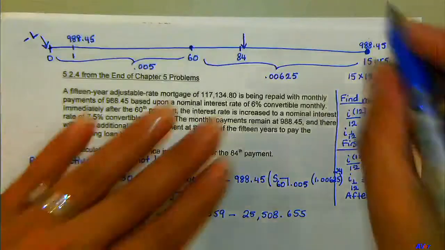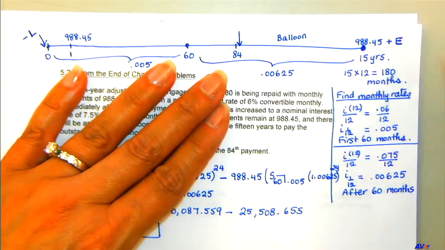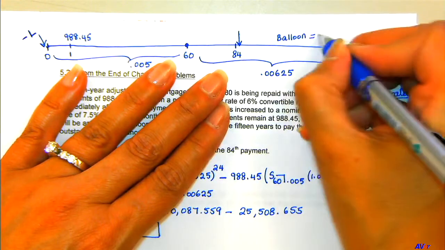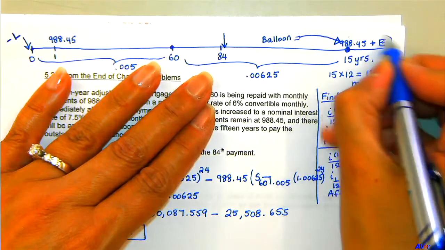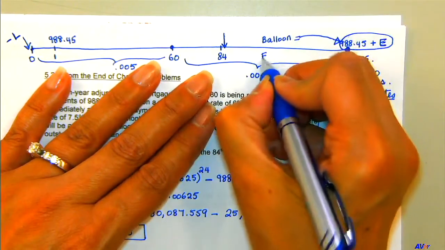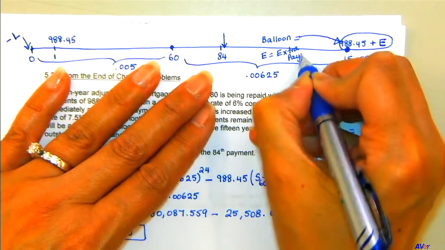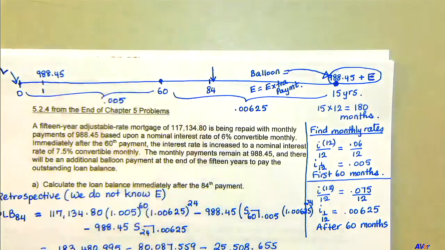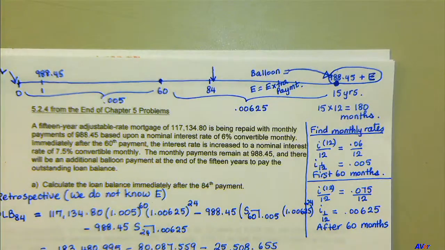So I'm going to call this balloon payment equal to 988.45 plus E, where E is some extra payment. Let's go to the next page.